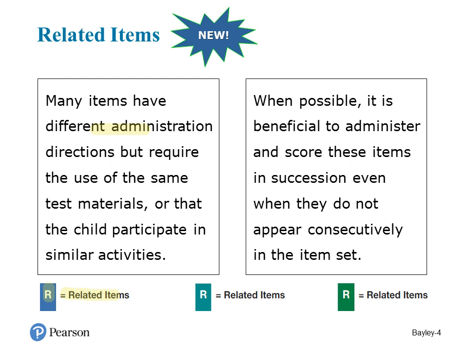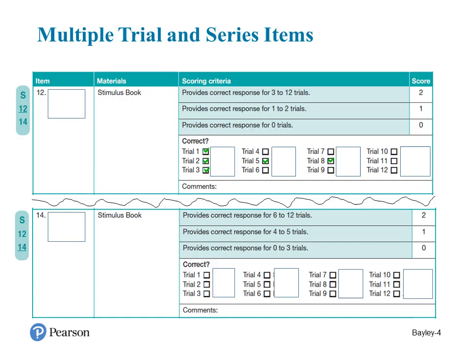So there is some clinical judgment that'll come into play to determine whether or not you administer all of those items in succession. But I think the concept of related items really is one that's going to be helpful for us as we think about maximizing the efficiency of the administration.